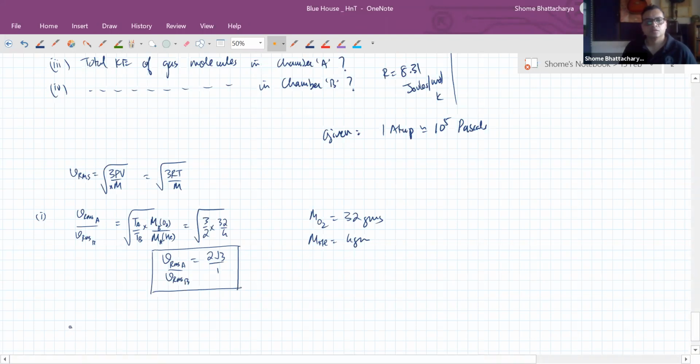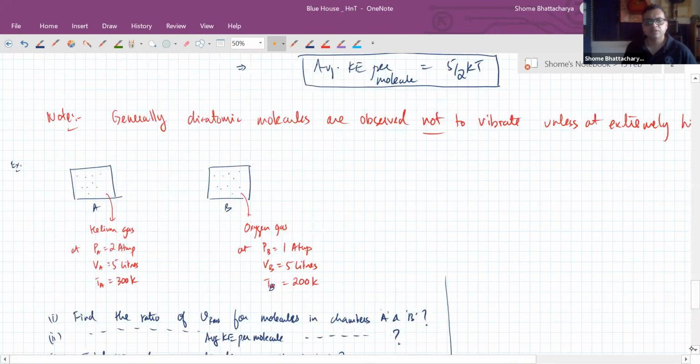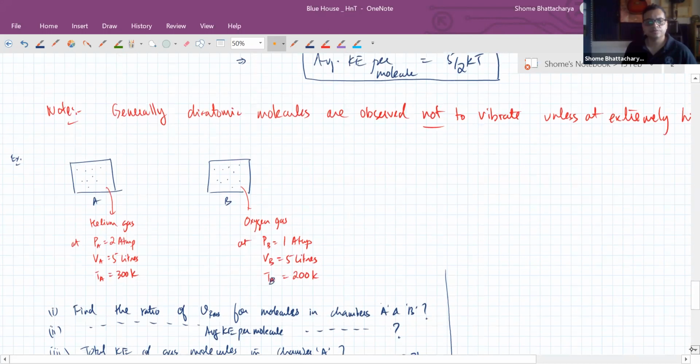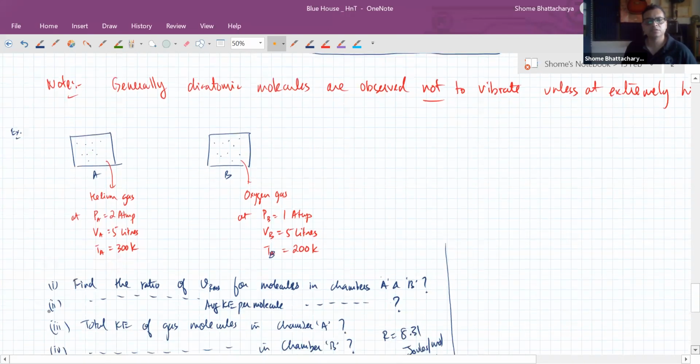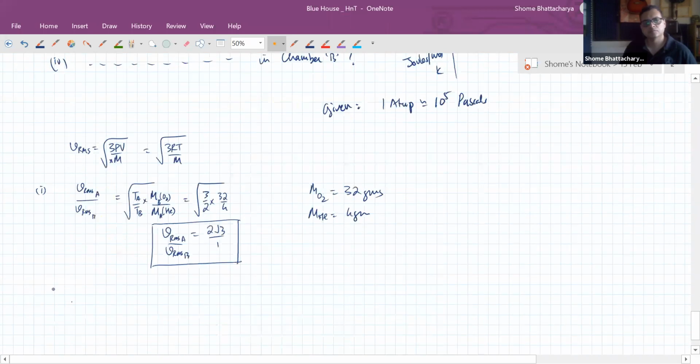Whereas when we come to the average kinetic energy per molecule, we should remember the law of equipartition of energy. Average kinetic energy per molecule per degree of freedom is half kT. So average kinetic energy per molecule is equal to F into half kT.